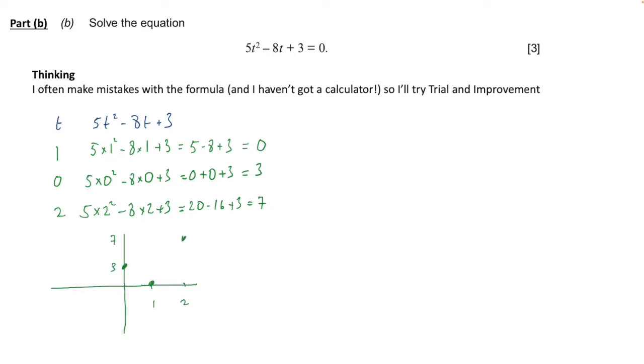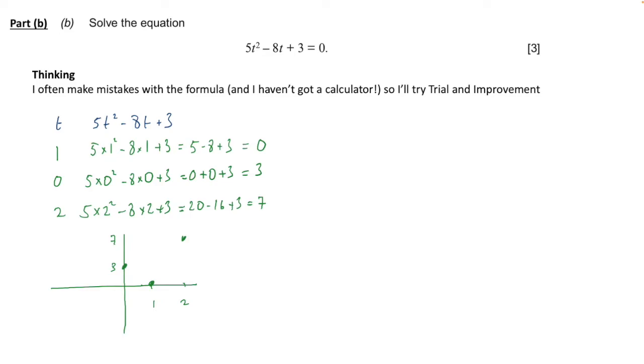So, here's the situation we've got. We have our 1 and our 2, and obviously our 0 is on the axis there. So, when we have 0, we get the value 3. When we have 1, we get the value 0, and when we have 2, we get the value 7. So they're just marked on roughly.